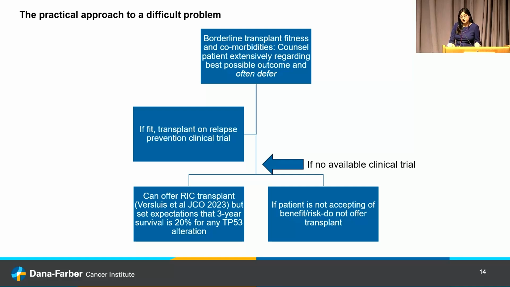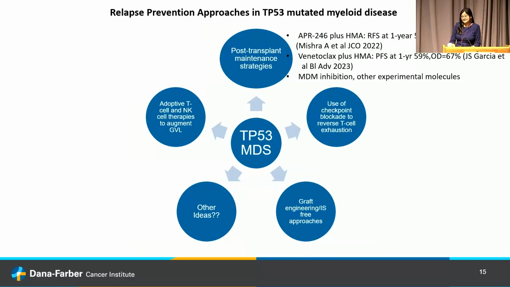However, if the patient is fit, otherwise, transplant is an option and should always be done on a relapse prevention trial if available. If not available, based on the data I just showed you, you could offer transplant, typically a reduced intensity transplant, but caution the patient that the expected 3-year survival is in the 20% range. And if the patient is not accepting of this benefit-risk ratio, it's better not to offer transplant, in my opinion, and in my experience, because there's some backlash when they relapse.